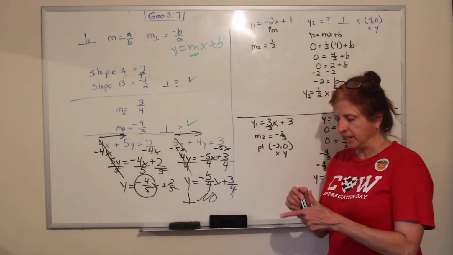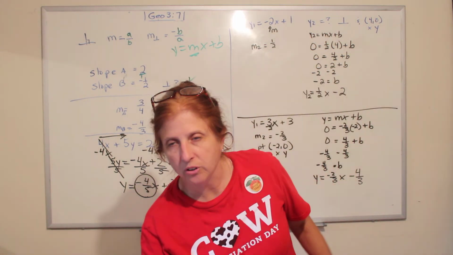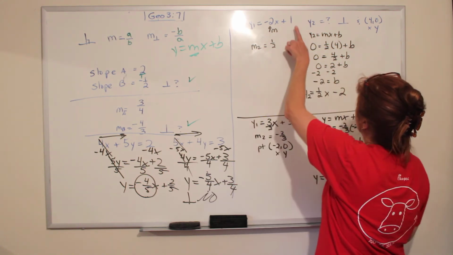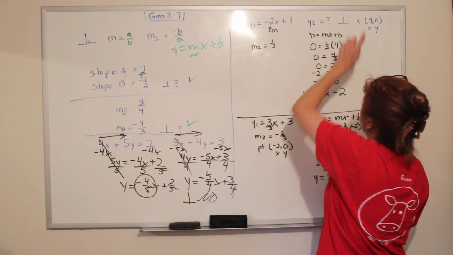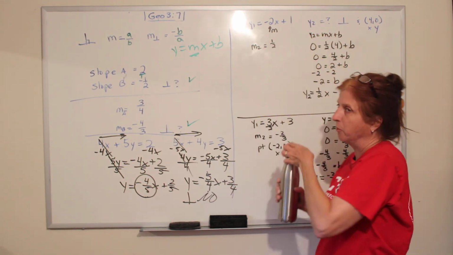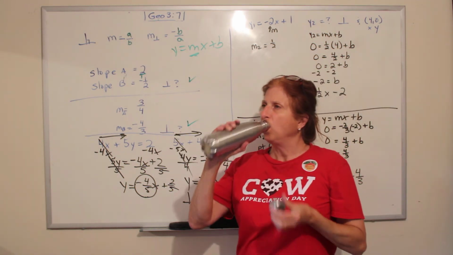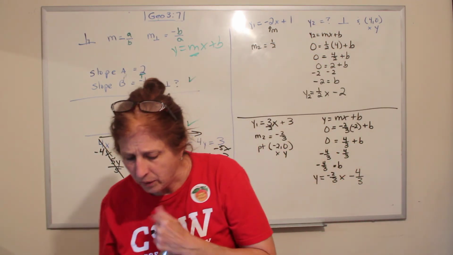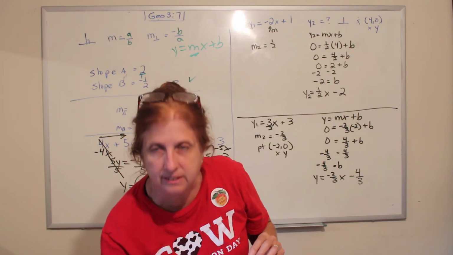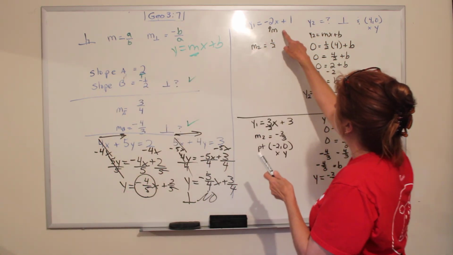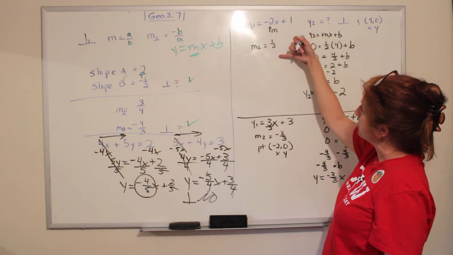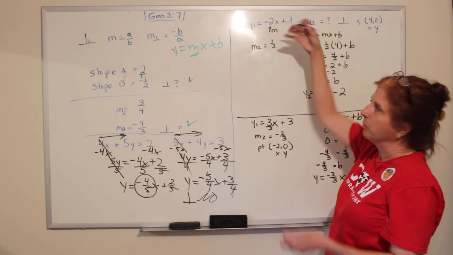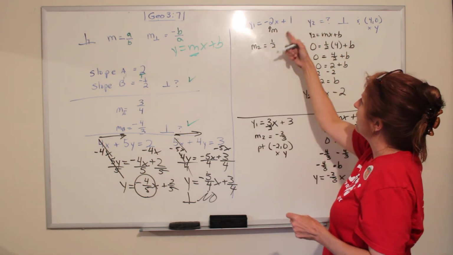This is like the problem we did in the last section where you're given a line and you're told the new line is perpendicular and it goes through this point. So all we do with the first line is we look at it and see what the slope is. The slope is -2. So if it's perpendicular, our new slope, we will flip it and change the sign.